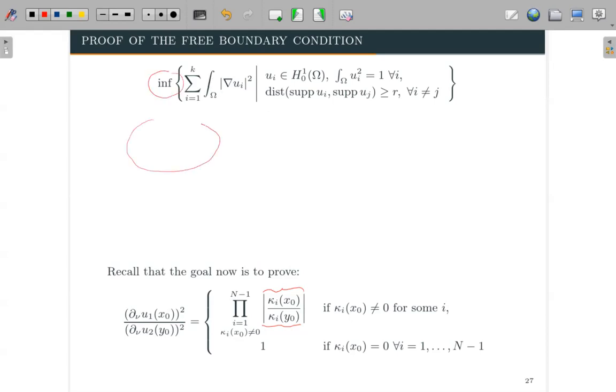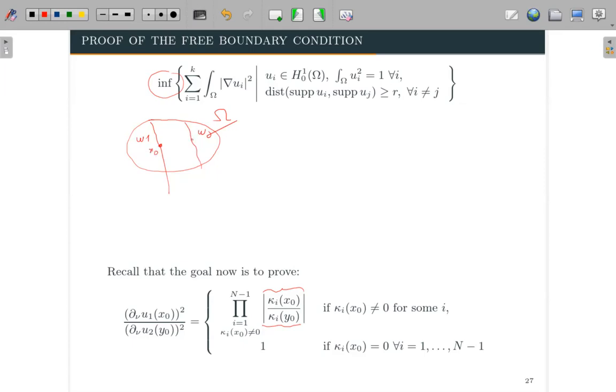Okay, this is omega. Let me just make here two sets. We have here one set, which is omega 1, and here you have omega 2, which is the positivity set of U2. And I have a point here, x naught.